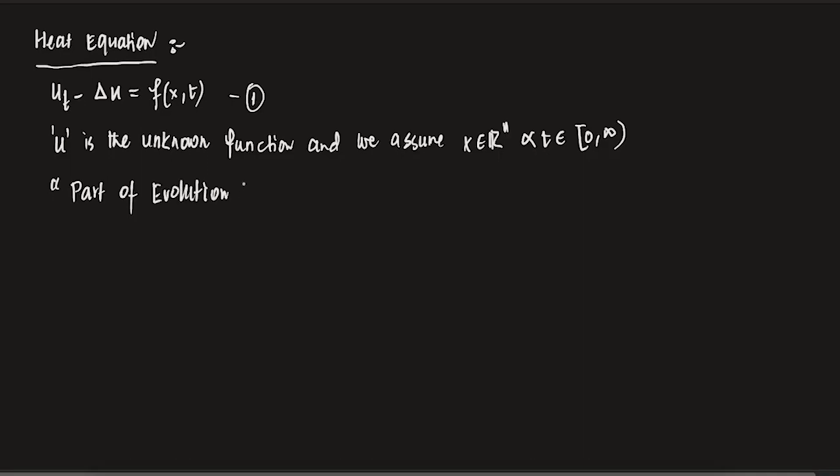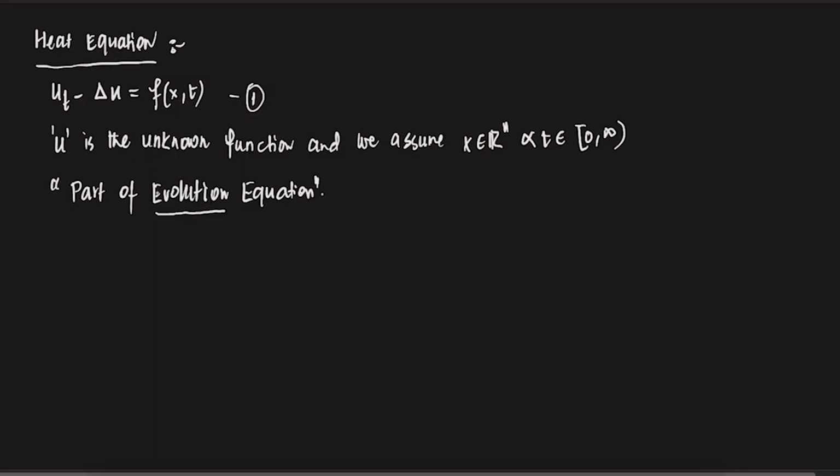Now, what is an evolution equation? Evolution equations are those equations which evolve with time. Let's say you are modeling some phenomena which changes with time. Whatever equation you generate from those phenomena is called an evolution equation because it evolves with time. Either they degenerate with time or the other way around.